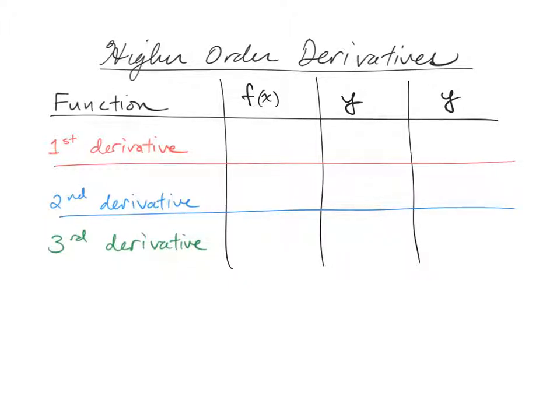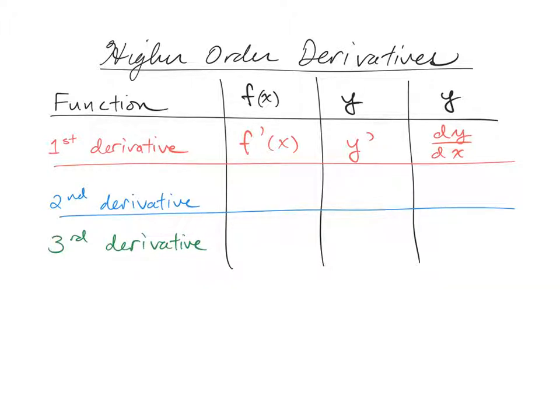And if you find the first derivative of f of x, that looks like this. And one way to write the derivative of y would be y prime. So that looks very similar to this one. But another way to write the derivative of y, which was already mentioned, would be taking the derivative of y with respect to x, dy dx.